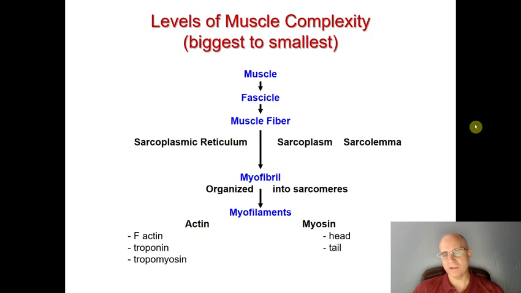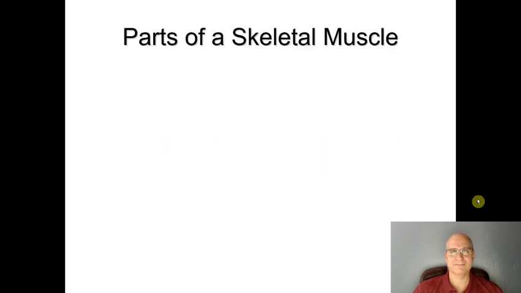And in myosin, we're going to see the head and the tail. Hopefully you see from this, we see a lot of terms that begin with sarco and a lot of terms that begin with myo. Both of these are going to be pertaining to muscle, so get used to them. We're going to see a pretty fair number. That's also why we go through a concept map like this, to help you keep track of all the different terms, many of which are going to be sounding alike.